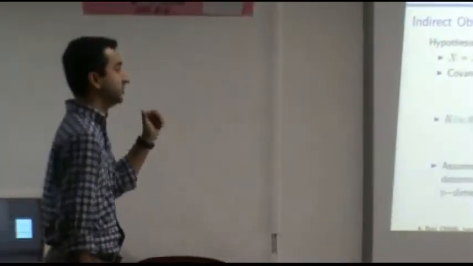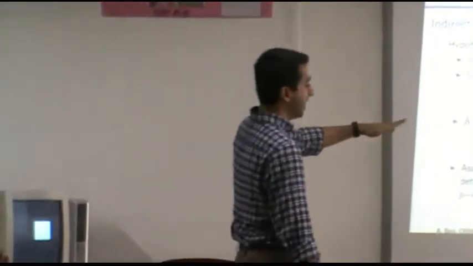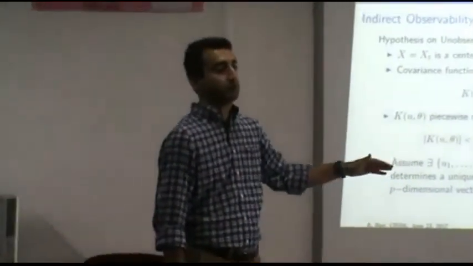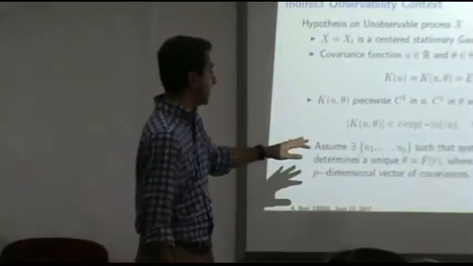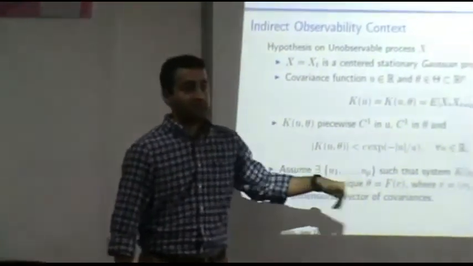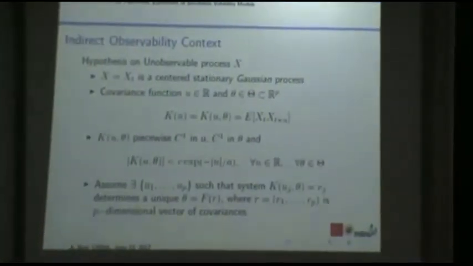This is why this condition is important. I'm masking a couple of other regularity conditions here, but given the setup, I can represent my vector theta in terms of these moments.